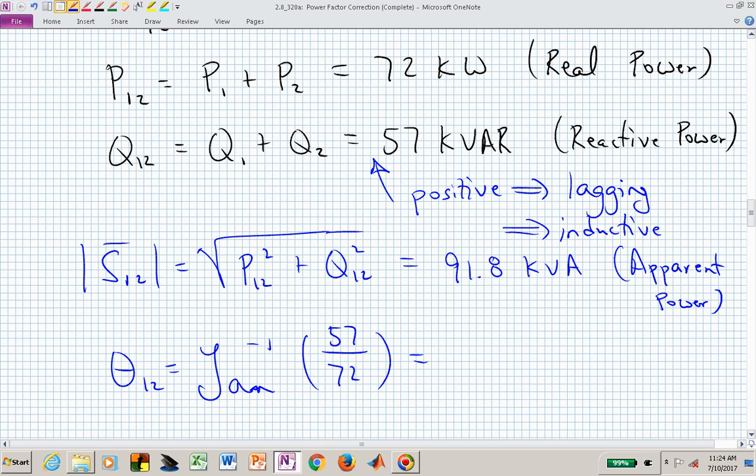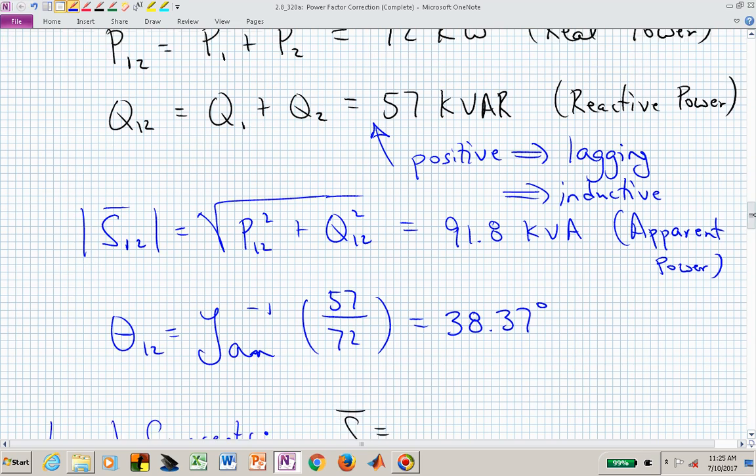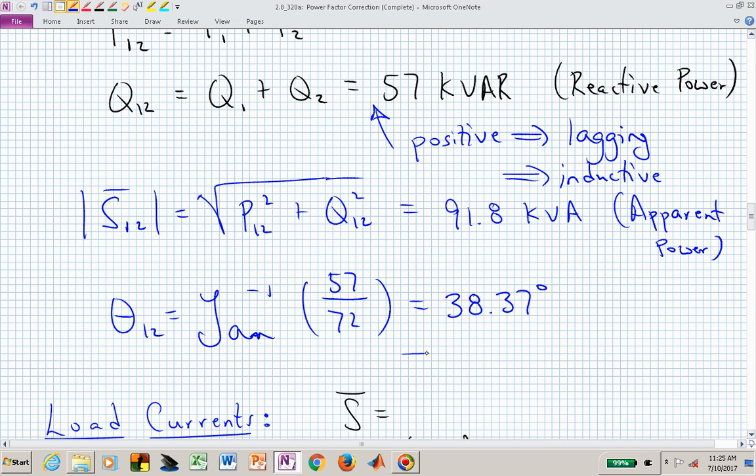The numerator is a little less than the denominator, so we know this angle had better be a little bit less than 45 degrees, and it ends up being 38.37 degrees, and it's positive. That says that we have a power factor for the combination of loads 1 and 2 of the cosine of that 38.37 degrees, and that gives us 0.784 lagging.